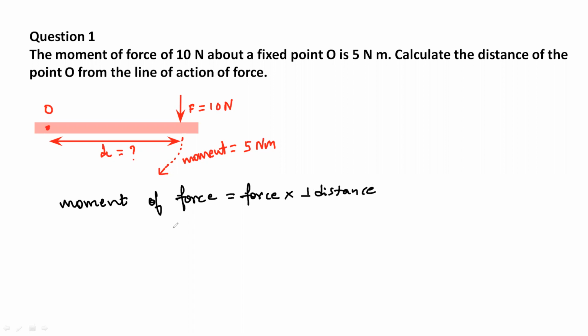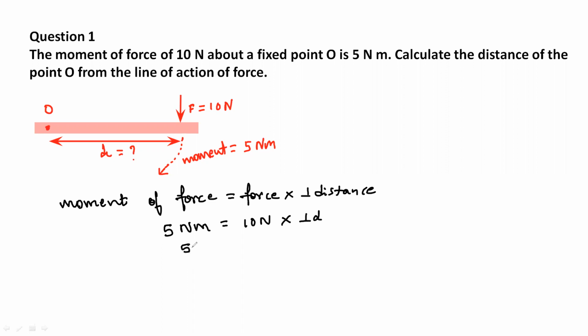In this question, the moment of force is given as 5 Newton meter and force is 10 Newton, and perpendicular distance we need to find. So just cross multiply and simplify it.